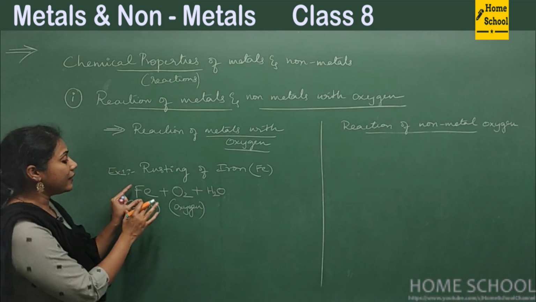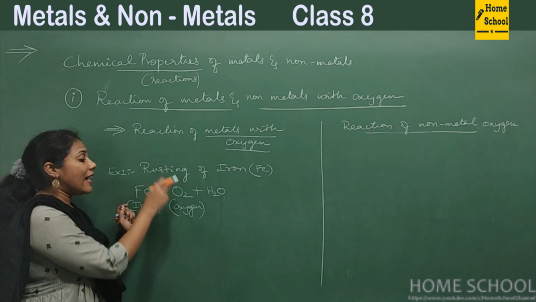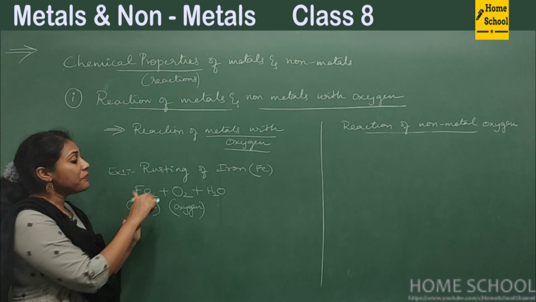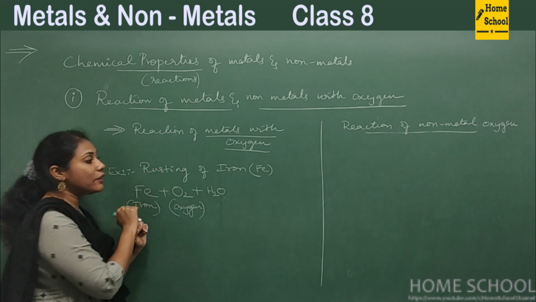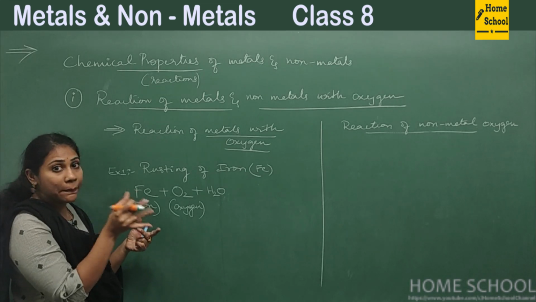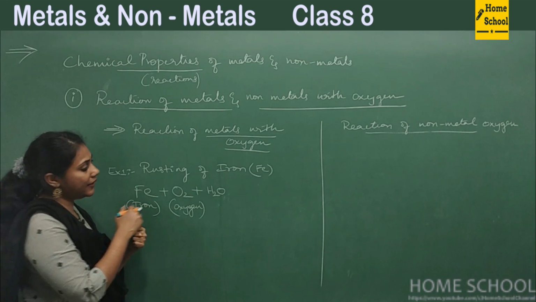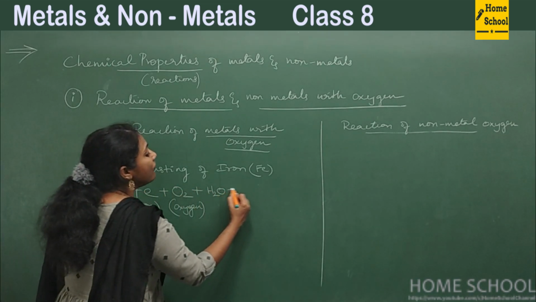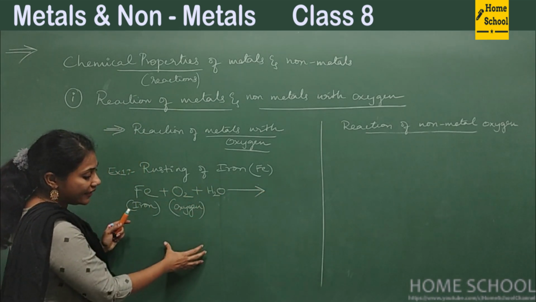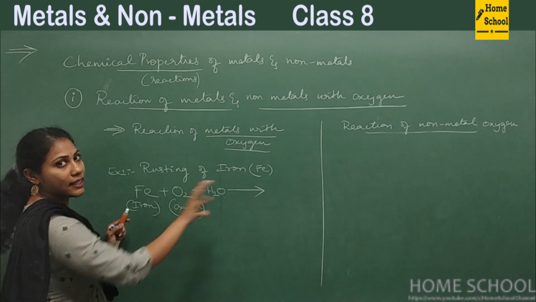So the iron chair reacted with oxygen in the atmosphere, and it has also reacted with water, water vapor, that is also there in the atmosphere. So all of them have reacted. What will react, we write on the left-hand side when we write the reaction.